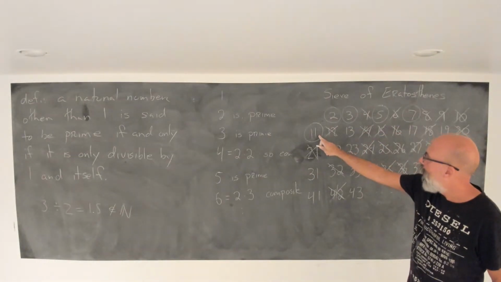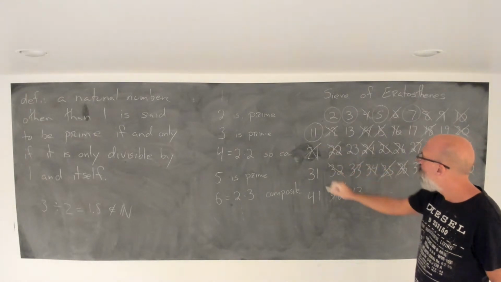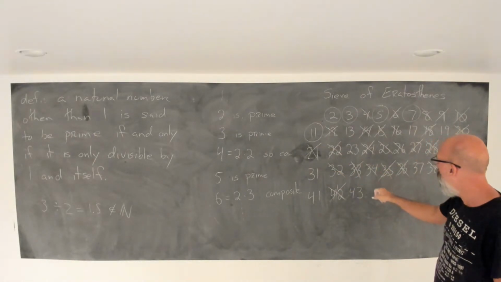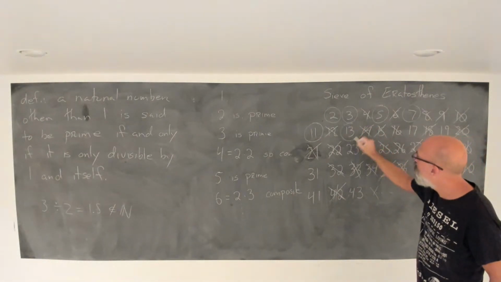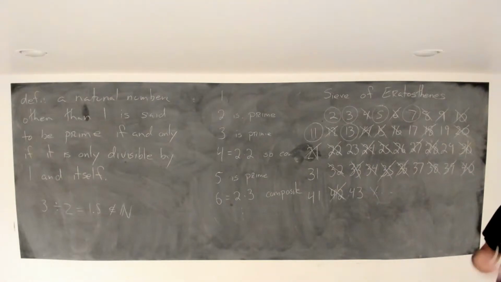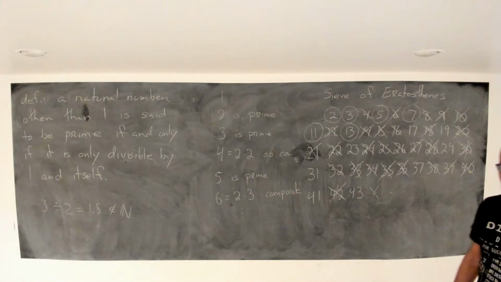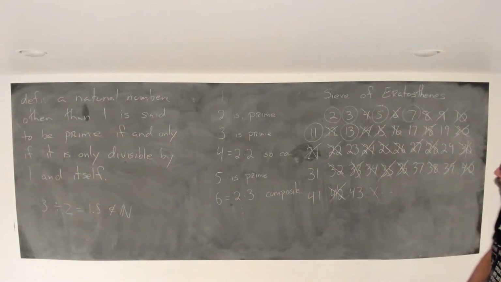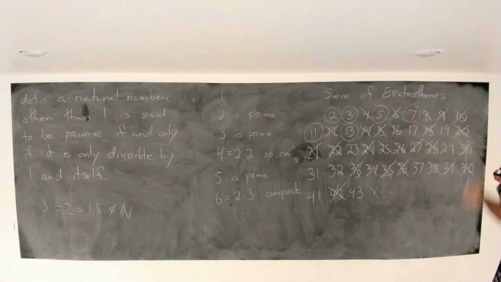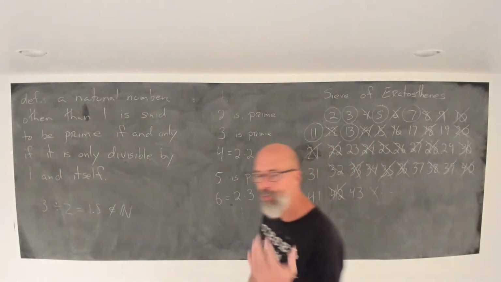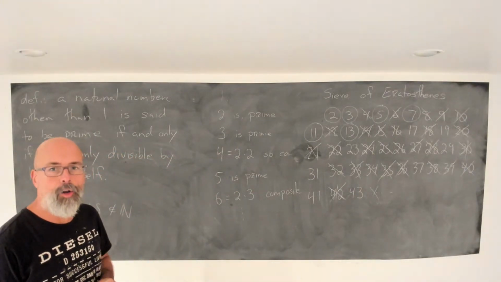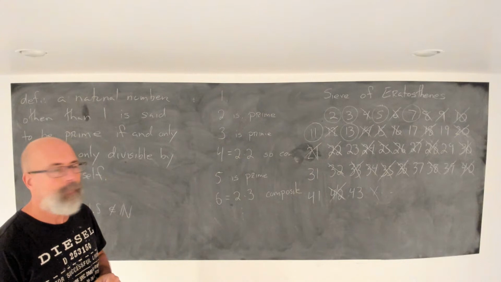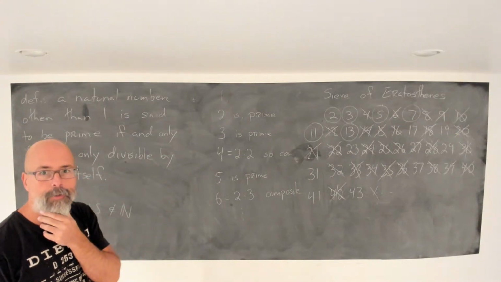So we'll take away multiples of 11, 22, 33, 44, and so on and so on. Next smallest is prime, and so on and so on. I think you see where this is headed, right? This is a nice way to list all the primes, known as the sieve of Eratosthenes.